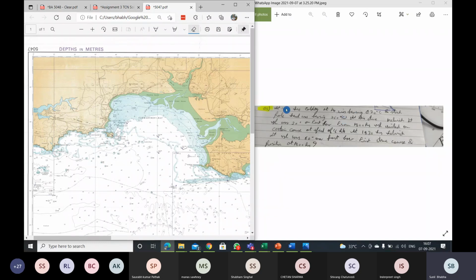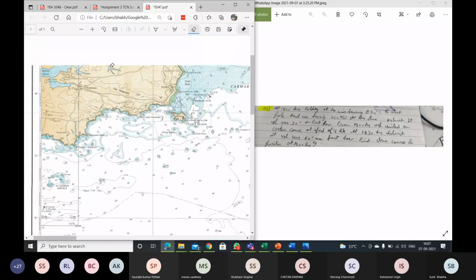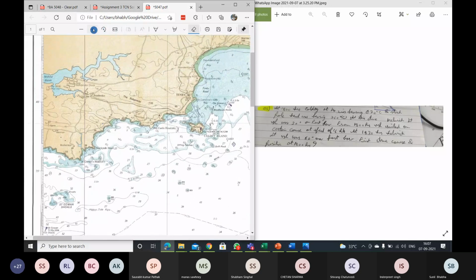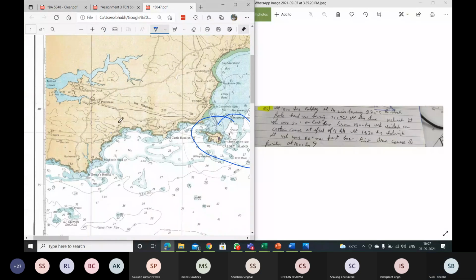So let's identify these points on the chart. We have this chart open here. This is the Calde light beta, Calde Island light, और जो ये stock pole head की बात कर रहे हैं, can you see this beta on the screen? Yes, sir.